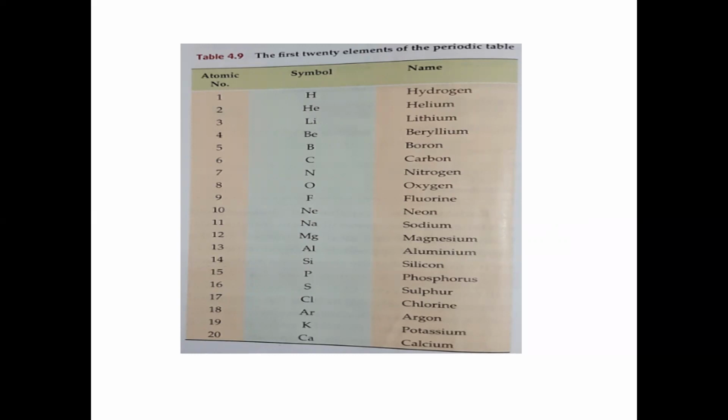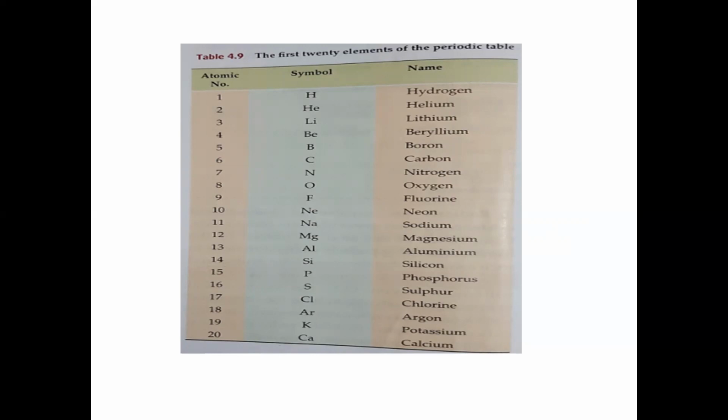Then fourth, Be, and the name is beryllium. Fifth, symbol B, and the name is boron. Sixth, symbol C, and the name is carbon. Then atomic number 7, symbol N, and the name is nitrogen.